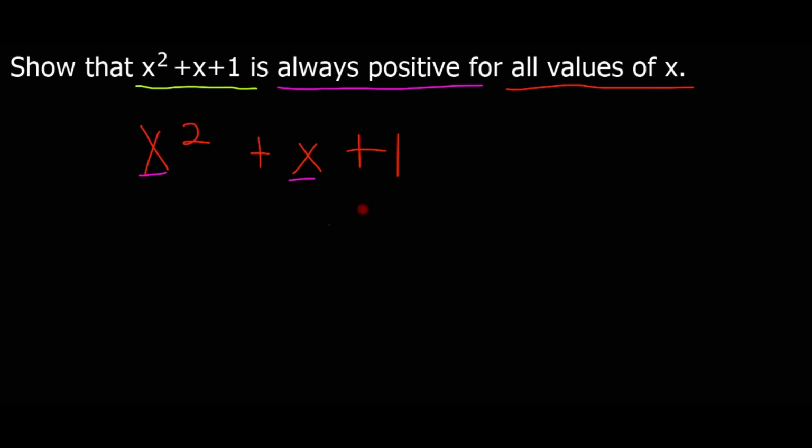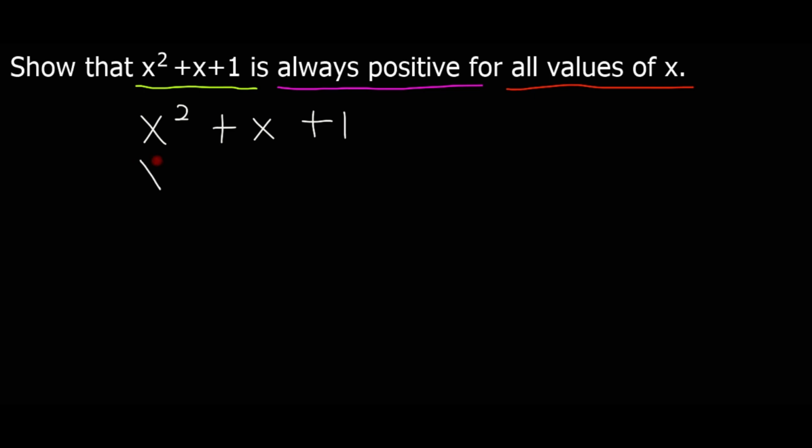To prove this example, we will first complete the square, and then from there you will see how we write the conclusion. So let's complete the square. We have x squared plus x plus 1. Because the coefficient here is already positive 1, we can start to complete the square.